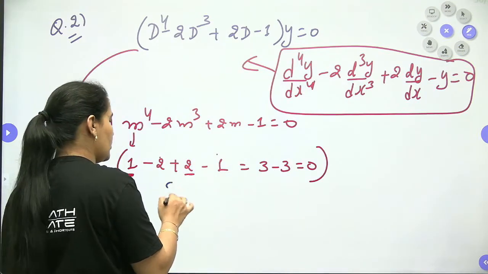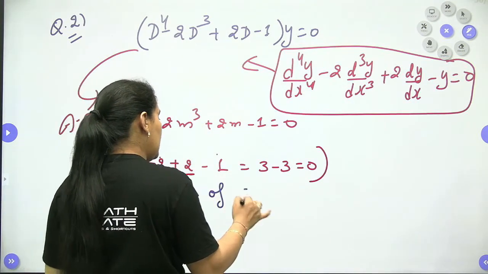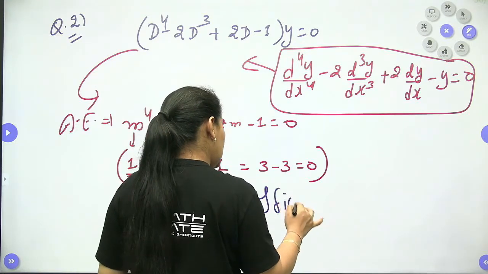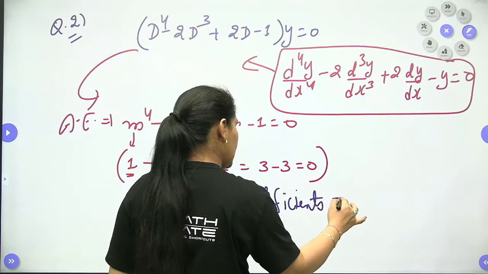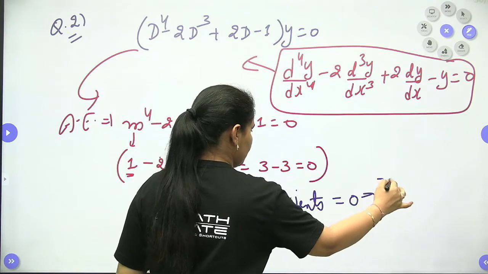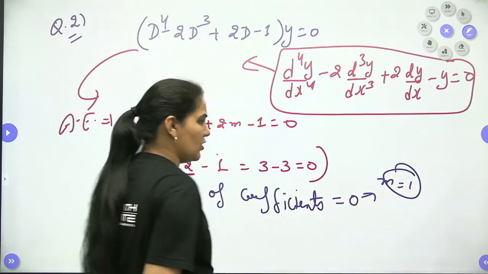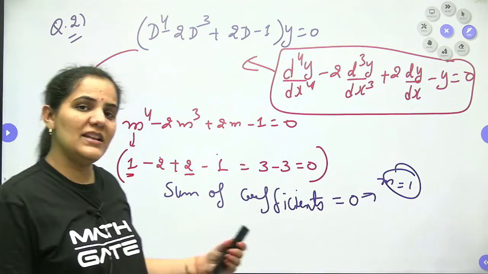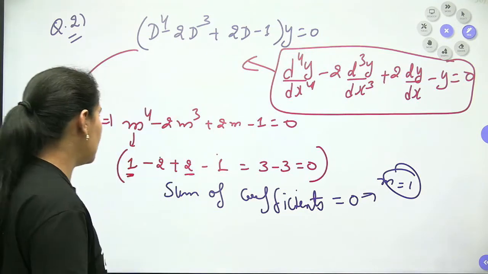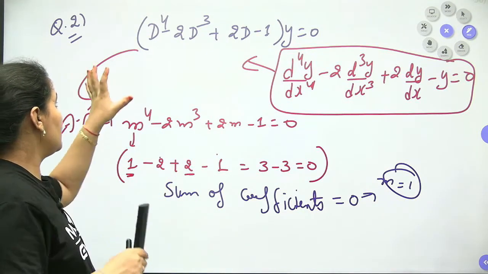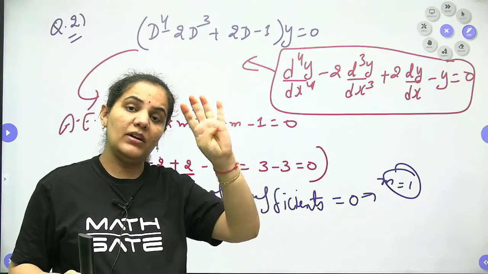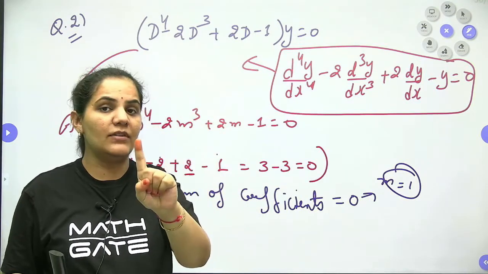When we have the sum of coefficients equal to 0, we can say m is equals to 1 is already a solution of this, or m minus 1 is a factor. Yes, exactly. So here for this power 4 equation we are having one root.